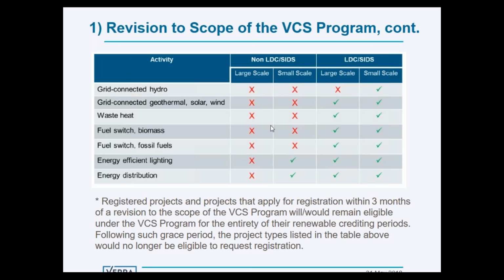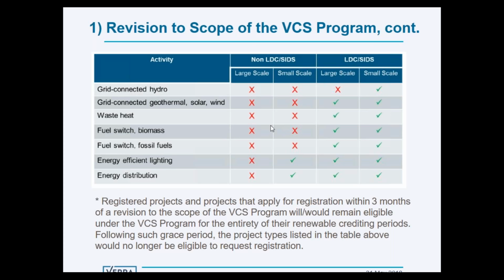So just to walk through an example, if we look at the third row here and take grid-connected wind as an example, where you see red X's, that is to say that we are proposing to exclude those activities from future eligibility under the program. And where you see the green check marks, it essentially means that those activities would continue to be eligible.